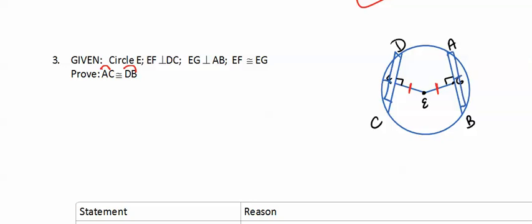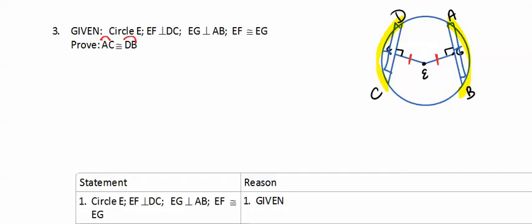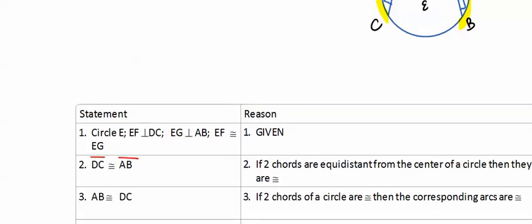And if we know that the chords are congruent, what that's going to tell us is that arc DC and arc AB will be congruent. If two chords of a circle are congruent, then the corresponding arcs are congruent.